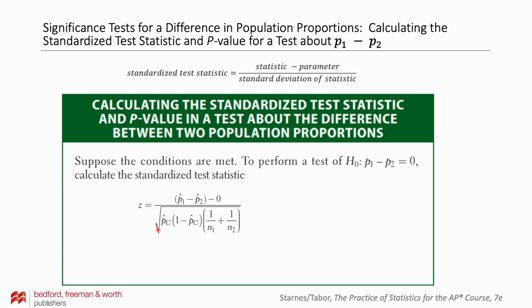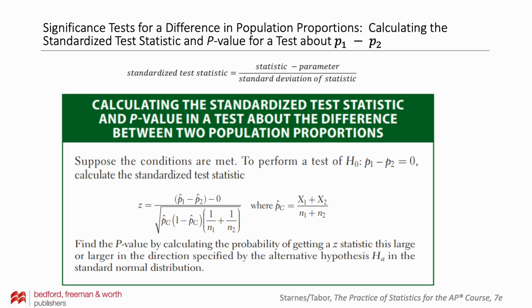And then remember at the bottom, we're using the standard error, which is going to use the combined proportion, so we do need to make sure to note that. The pieces of this formula are found on the reference sheet, but this general one is in the front of it. So remember the statistic is the difference, minus our parameter, which comes from the null, over our standard error, making sure that we use the combined, pooled proportion there.